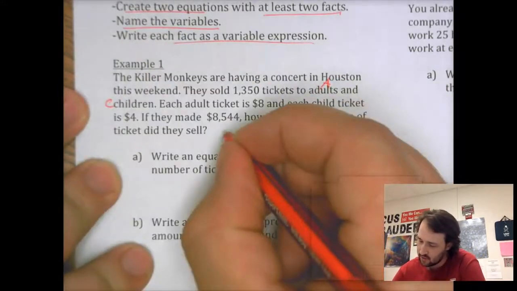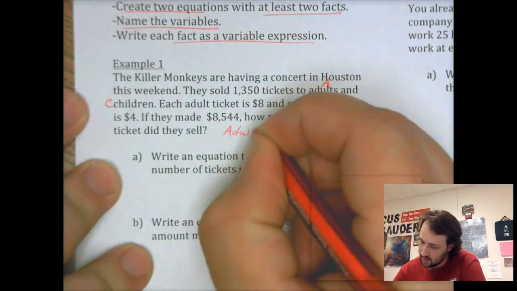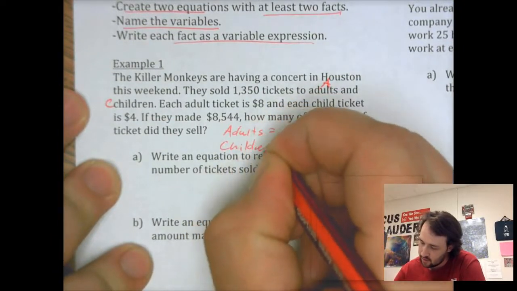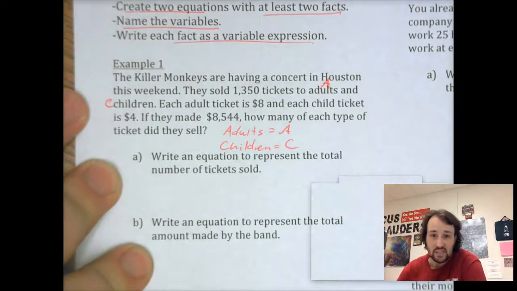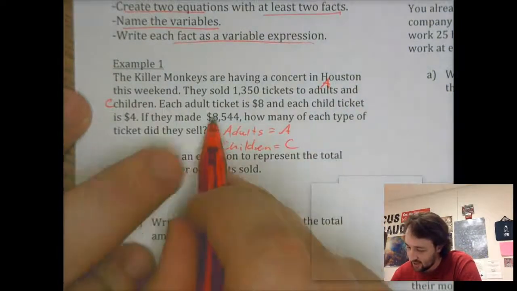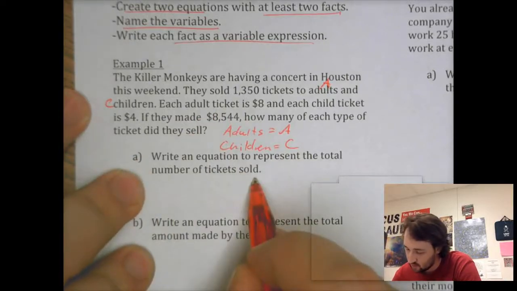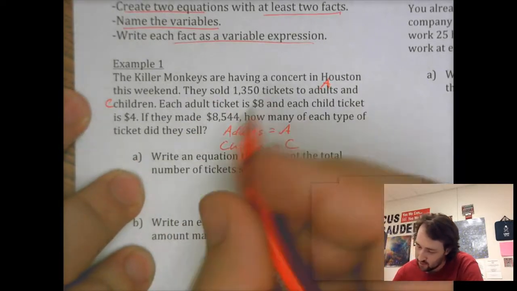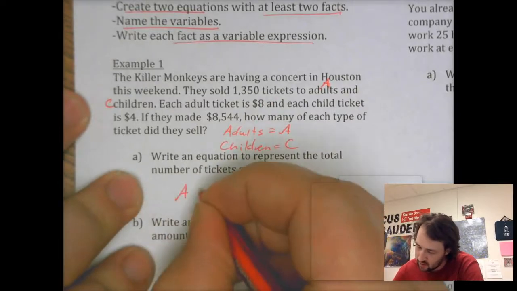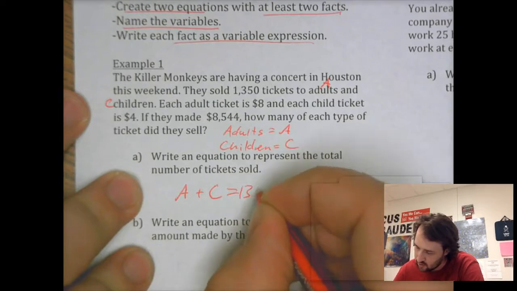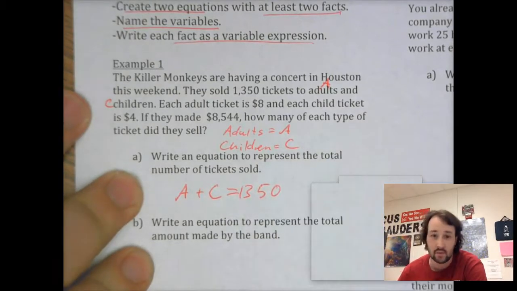For adults, I will use the variable A. For children, I will use the variable C. To say how many tickets were sold, they sold 1,350, so don't we know that the number of adults plus the number of children should equal the total sum of 1,350 altogether?